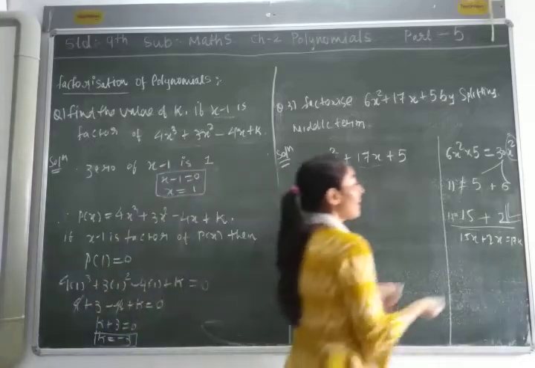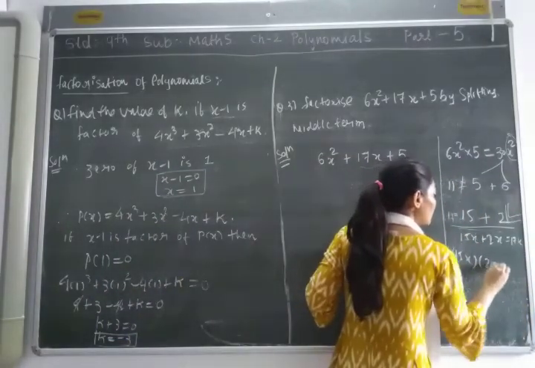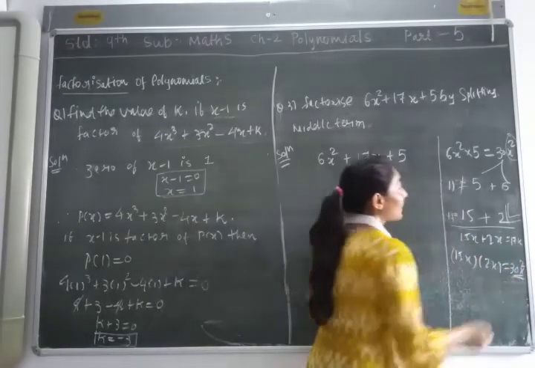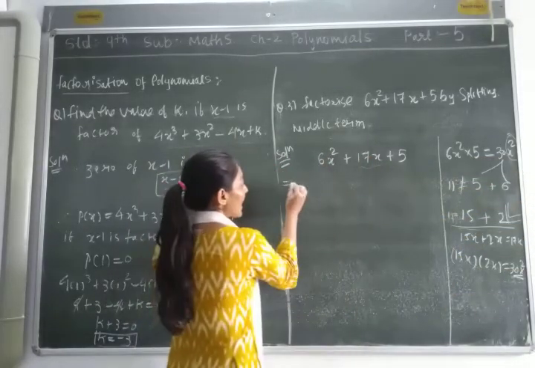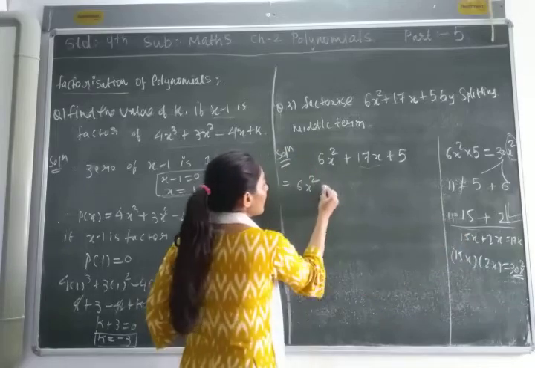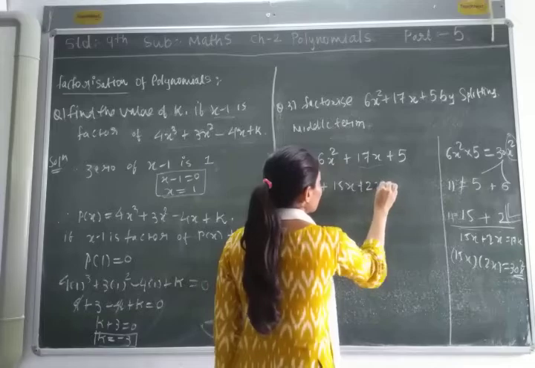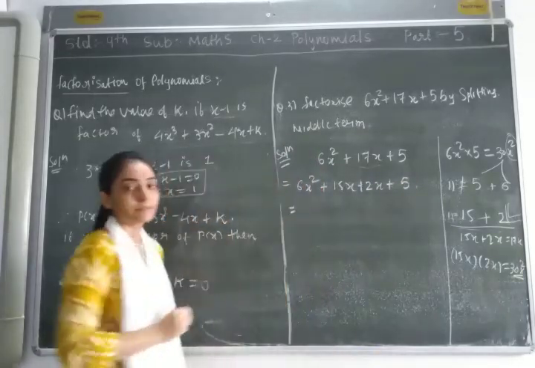When I multiply 15x into 2x, what am I getting? 30x square. I am getting my actual product. Yes. So we are writing 6x square plus 15x plus 2x plus 5.